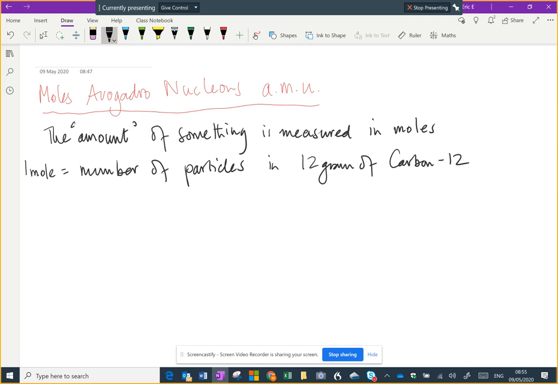Now, the reason that the mole came about is because in the early days of chemistry, they didn't know how many particles there were in 12 grams of carbon-12. In fact, it was even worse than that. The mole was the number of particles in 12 grams of carbon, because they didn't know that there were other isotopes than carbon-12.